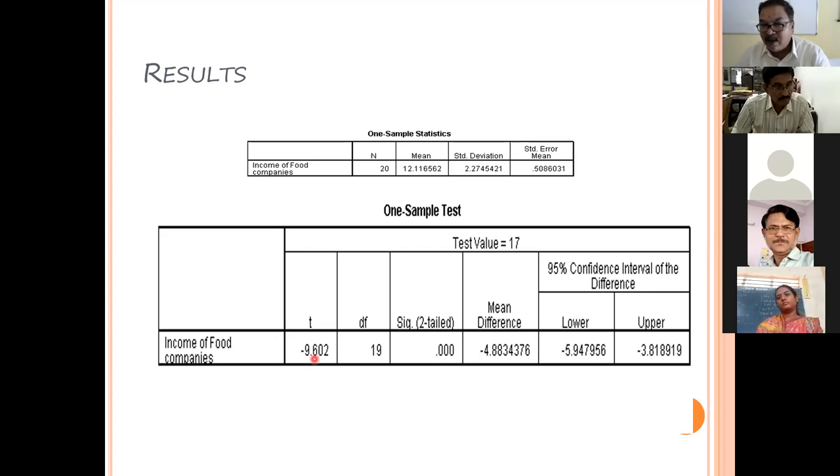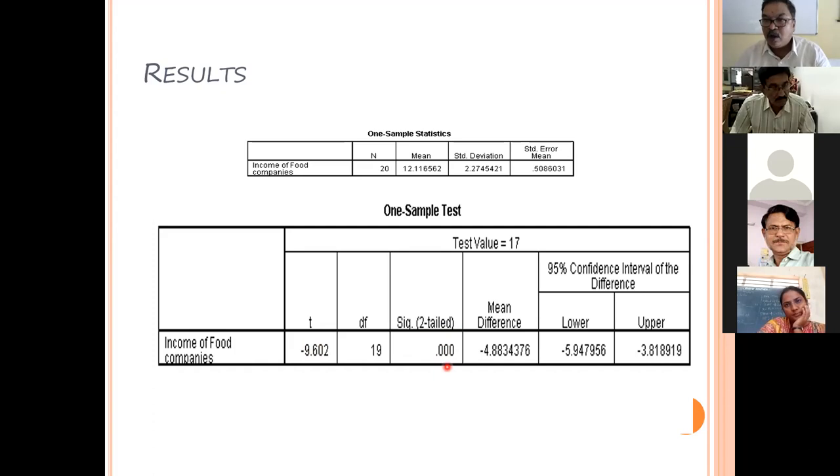So your t value, irrespective of sign, is very high, and the probability of committing error is very low, in the sense that it is less than 1%, and the confidence is 99% and more than that.